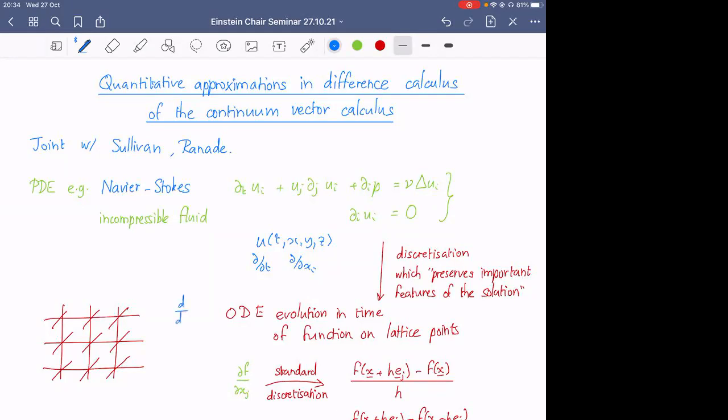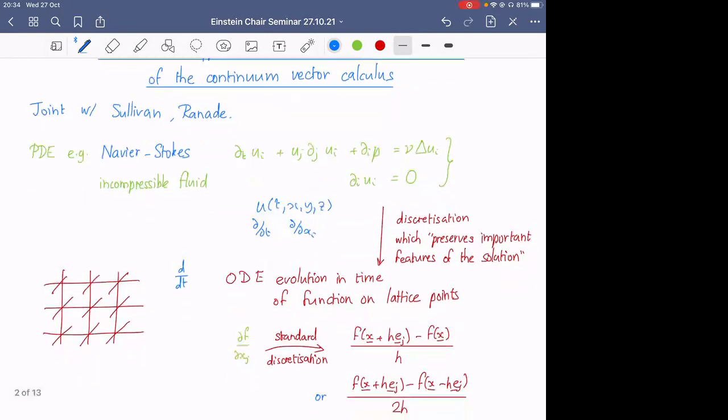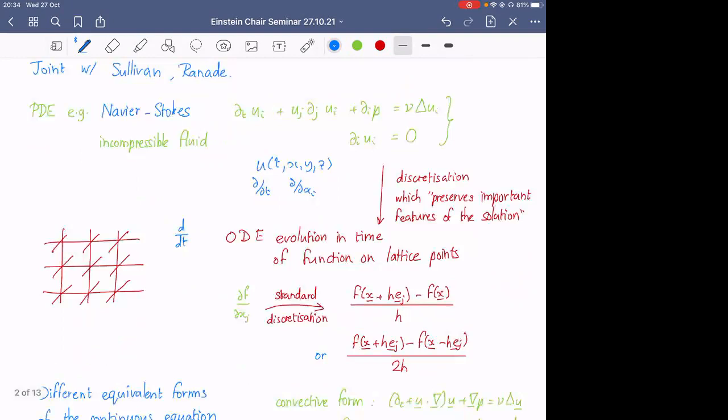The time derivative will stay as a time derivative, and the spatial derivative one classically approximates by a divided difference. One could use the standard divided difference, or one could use a symmetrized divided difference.